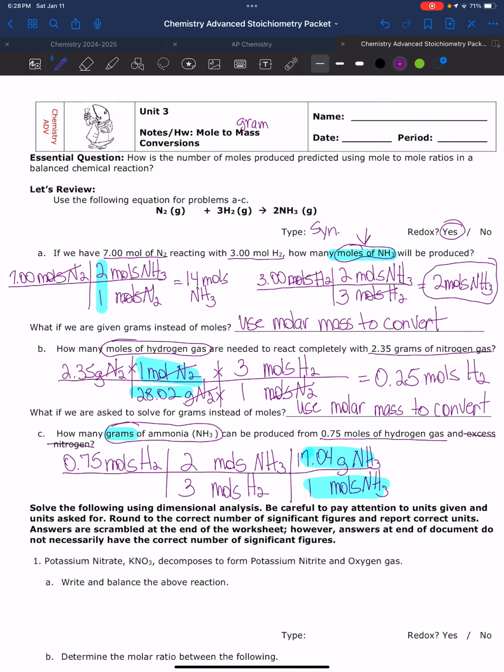Okay, so the math of this is 0.75 times 2 times 17.04 grams divided by 3 times 1. Okay, so I'm going to put that in my calculator using parentheses around the numerator and the denominator. I get 8.52 grams of NH3.